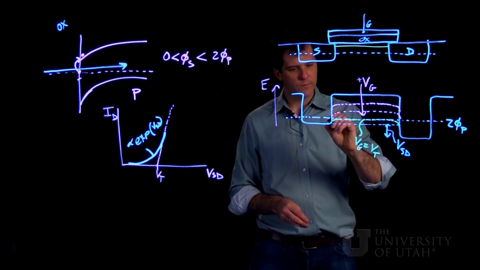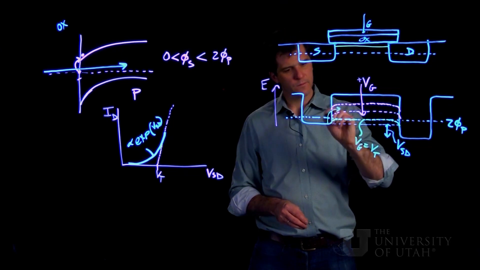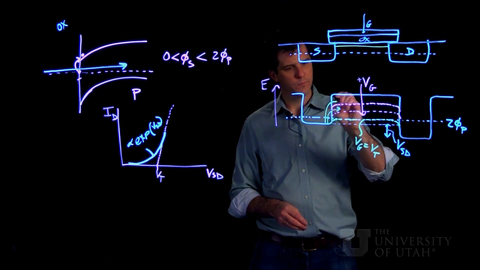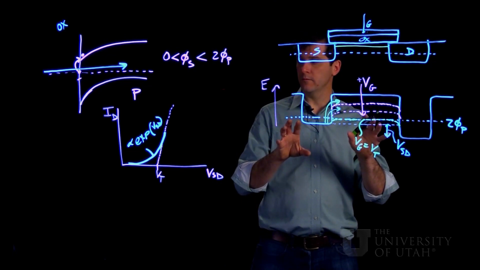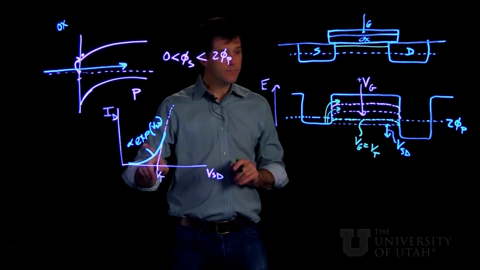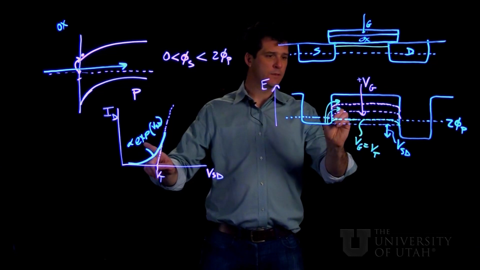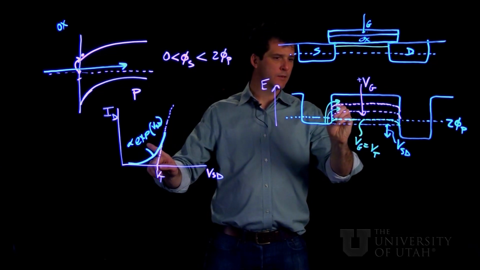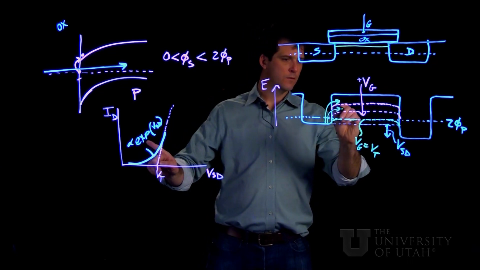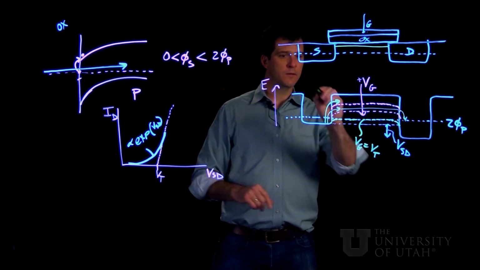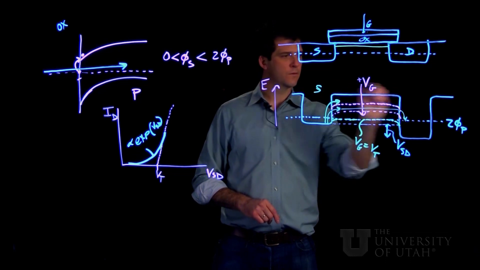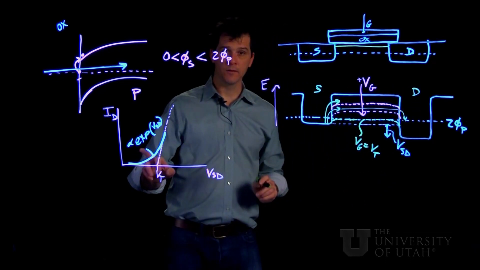But it is possible for electrons to be thermally excited up and over this barrier at these various subthreshold voltages. And once they can get up to this kinetic energy here, they can make it across and down into our drain, giving us this subthreshold conduction here.